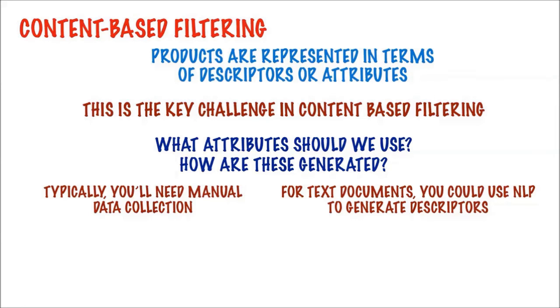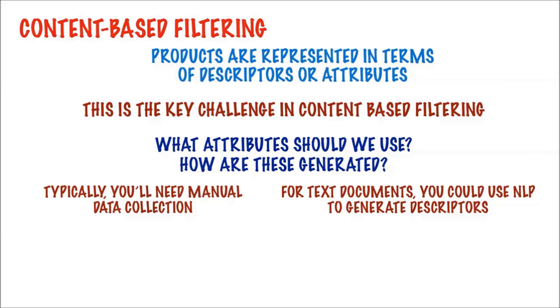For example, you could take every document or article and represent them with the frequencies of each of the words that appear in those documents. Then you could find the nearest neighbors for those particular documents, and those could be your recommendations.